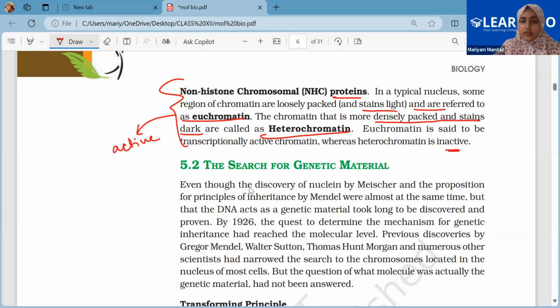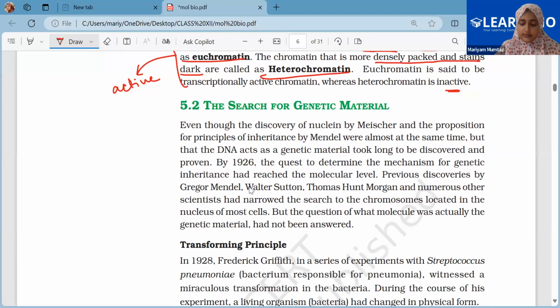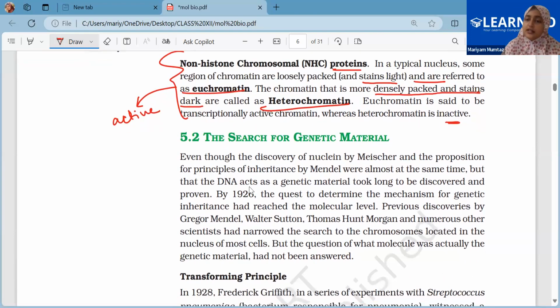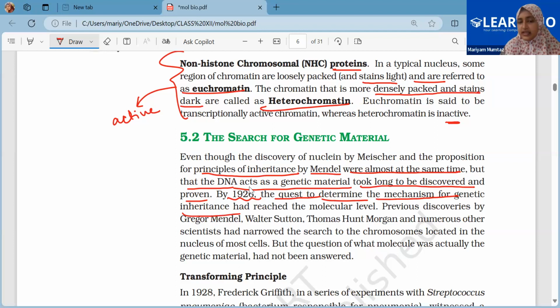All right, now talking about the search for genetic material. Even though the discovery of nuclein by Friedrich Miescher and the proposition for principle of inheritance by Mendel were almost at the same time, the DNA acting as a genetic material took long to be discovered and proven. By 1926, the quest to determine the mechanism for genetic inheritance had reached the molecular level.